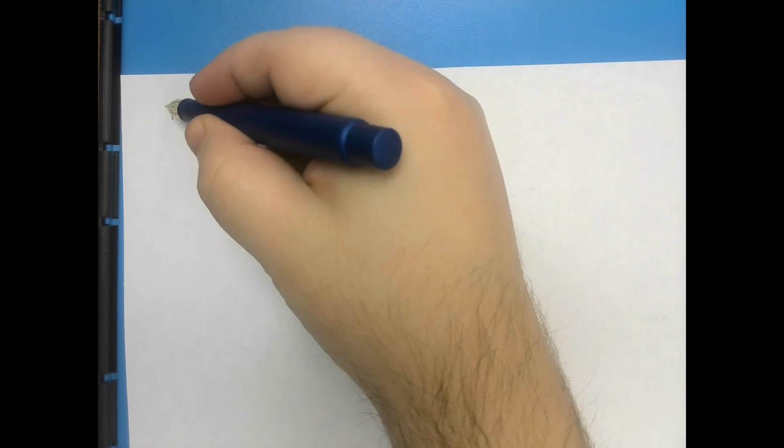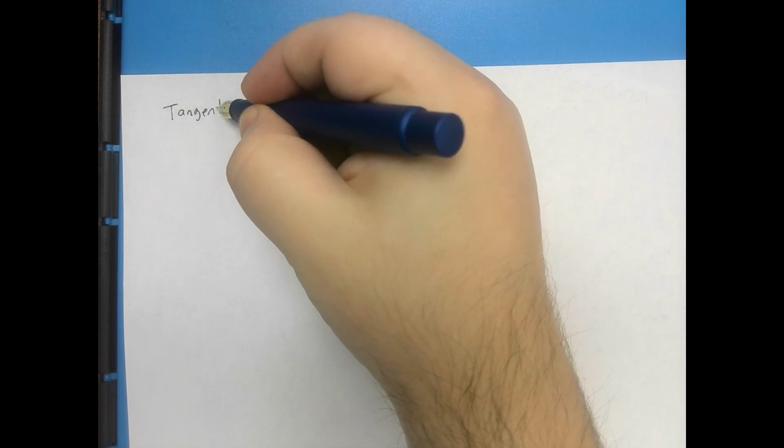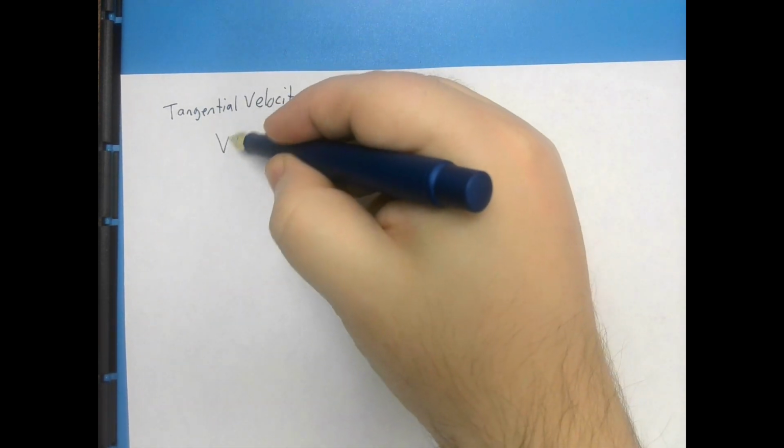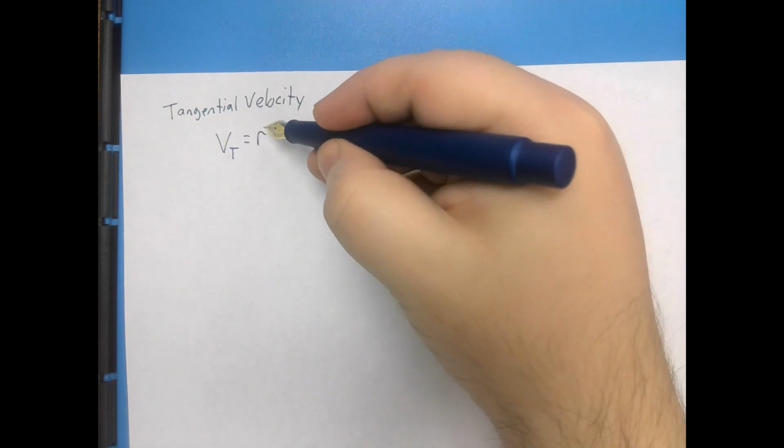So the main equations we'll be using is tangential velocity, v equals the radius times omega.